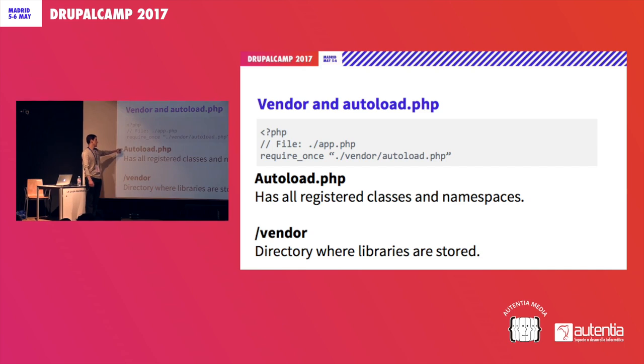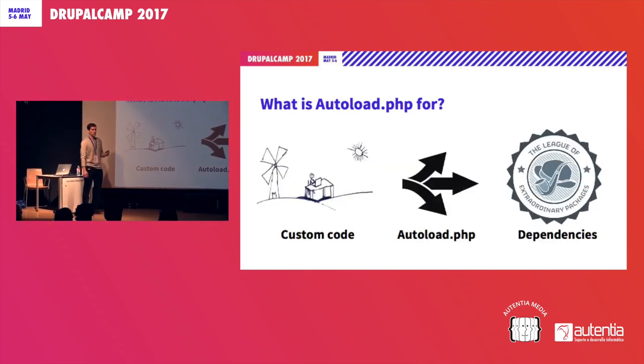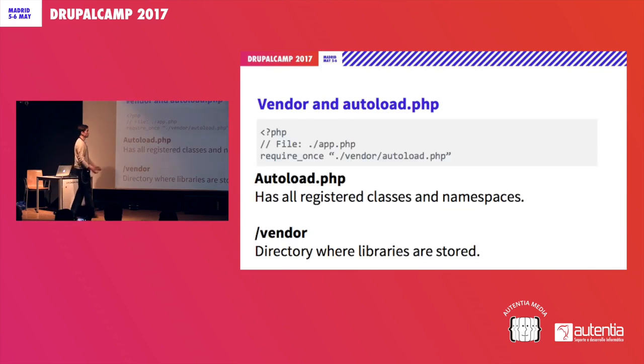This is the most important file that you have to understand in order to work with Composer, but you only have to understand a single bit, a little bit of it. Think of the autoloader as the single PHP file that you have to use in your custom code in order to be able to use the dependencies that you download. So your custom code, your project, will have an app.php file or an index.php file.